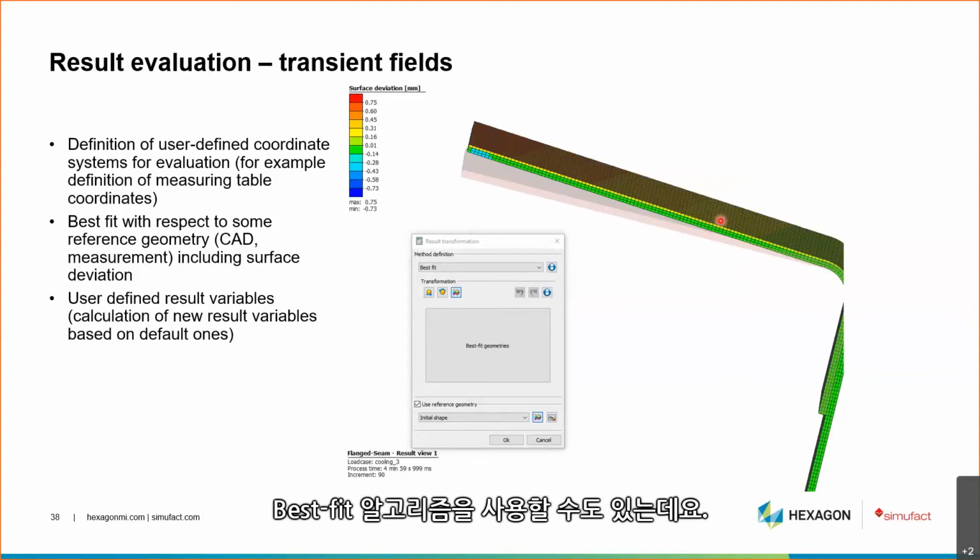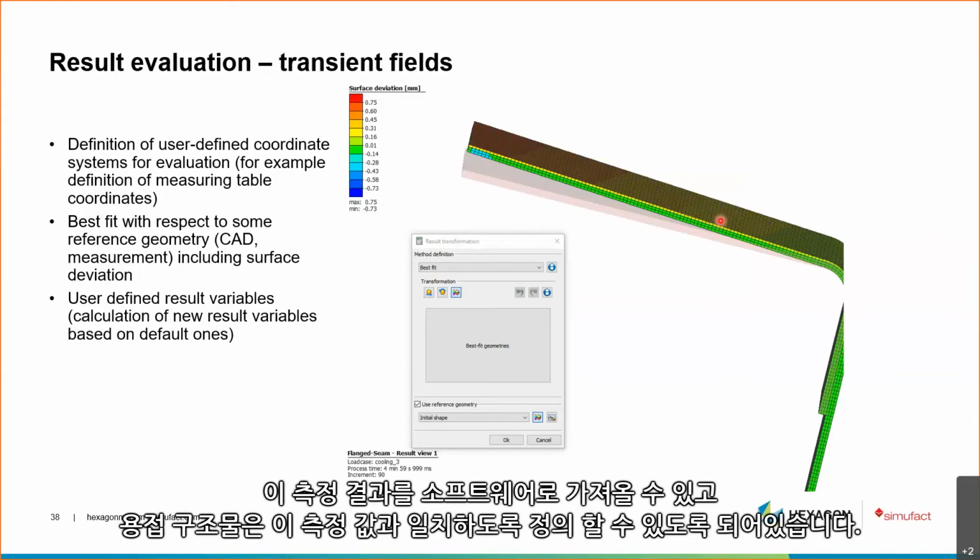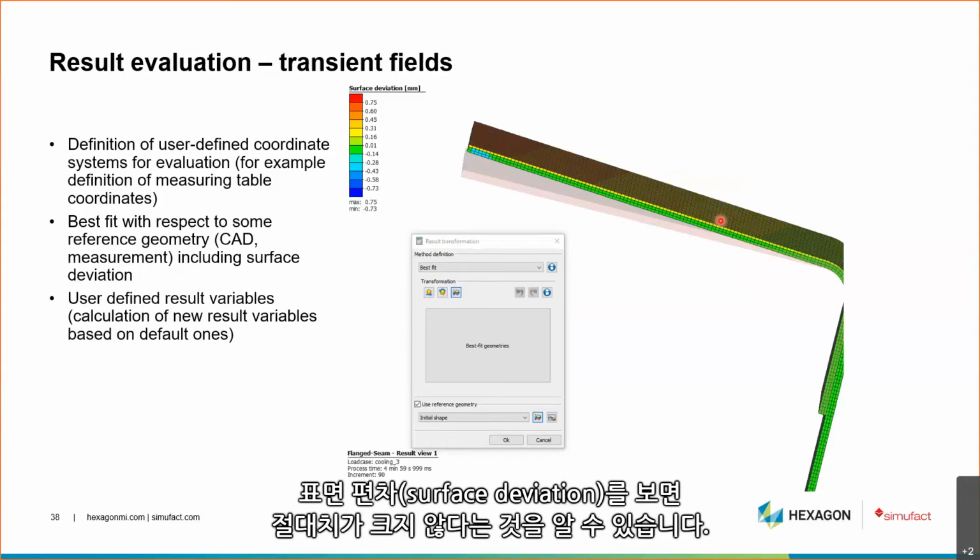It is also possible to use best fit algorithms. So if you have, for example, a measurement, a surface scan or something like this, you can bring this measurement into the software, and then the welding assembly is oriented to match this measurement, so you really see the deviation of the surfaces and not so much the absolute values.